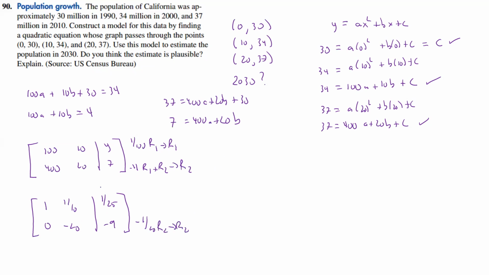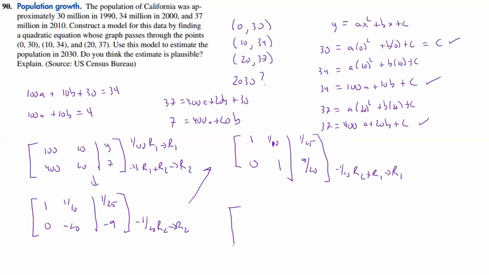So now we went down. Now we're going to go up. So now we have 1, 1/10, and 1/25th. We have a 0, and we have a 1, and then we have 9/20th. Okay. Now, this is a 10, so we need to take minus 1/10th row 2 plus row 1, and that's going to be my new row 1.